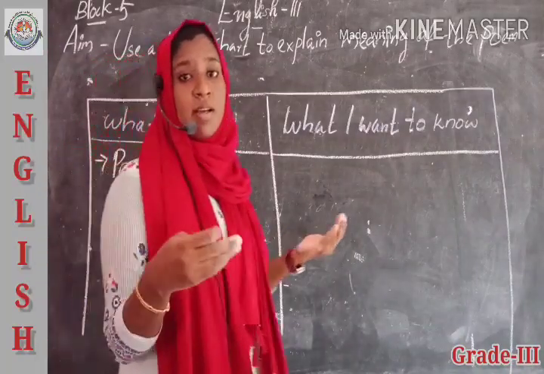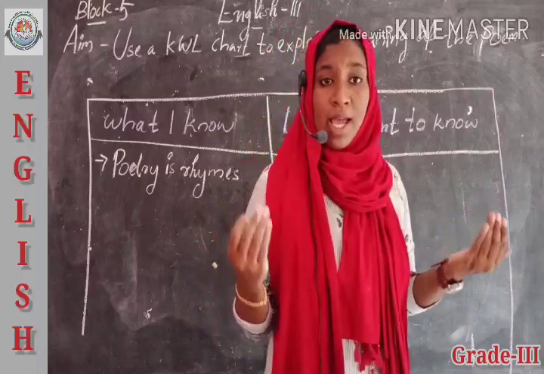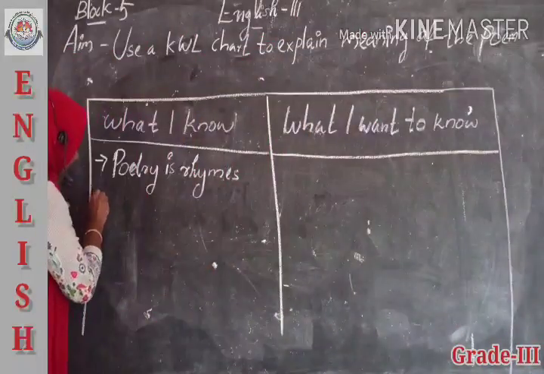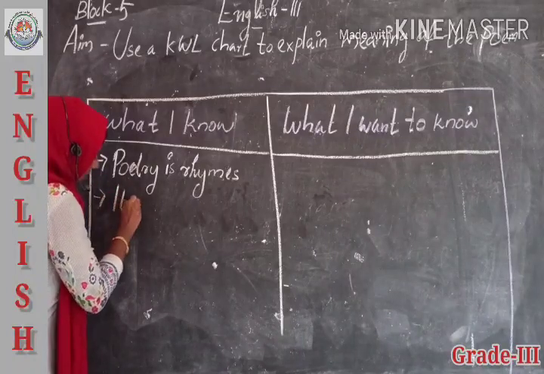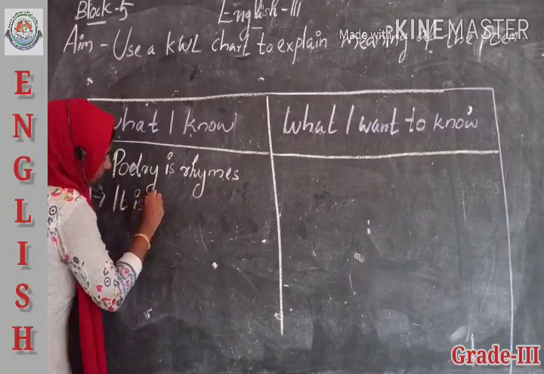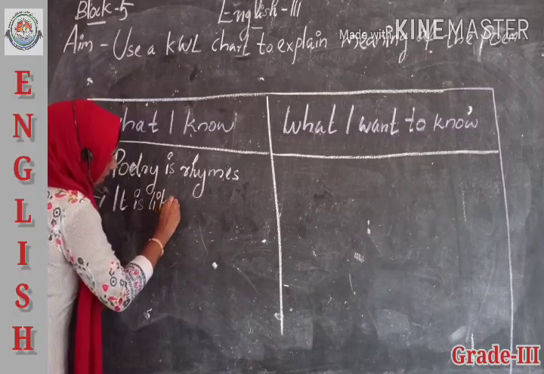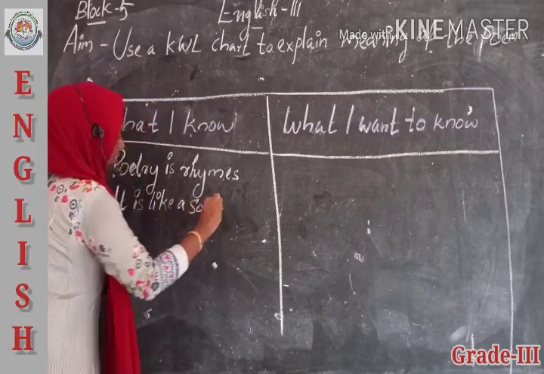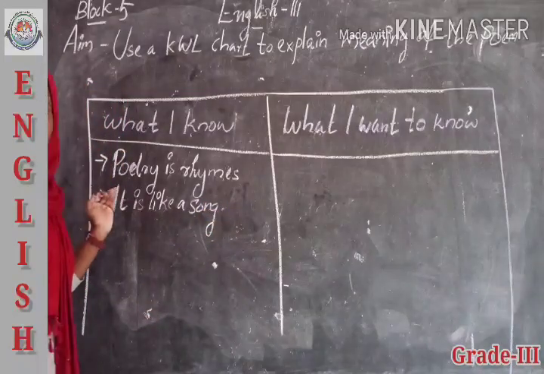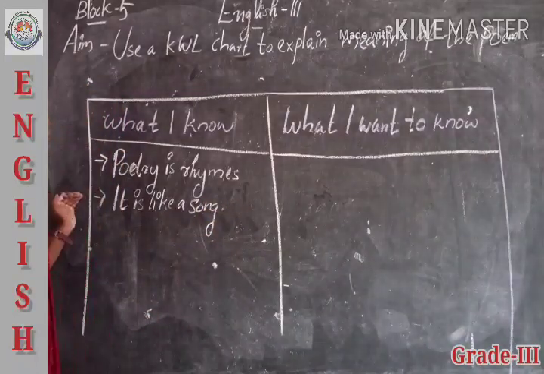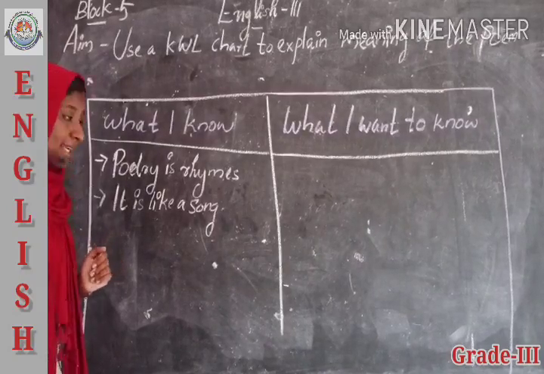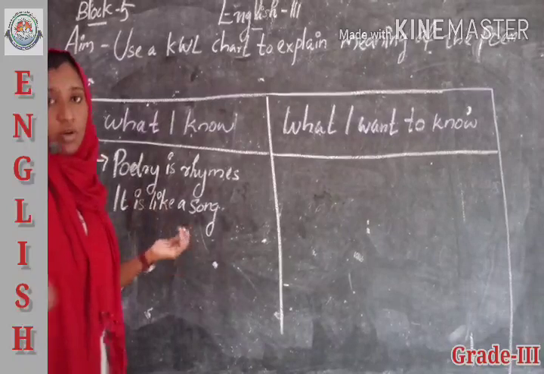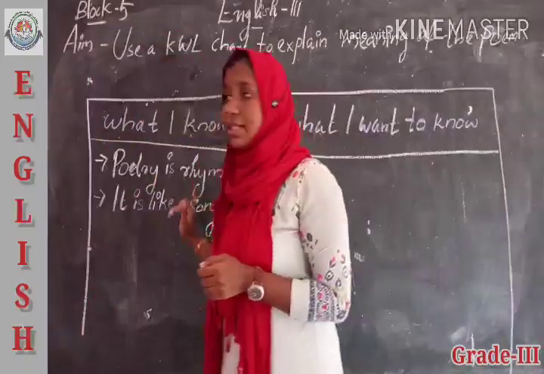And poetry is rhymes and it's like a song. So we can write, it is like a song. So here poetry is rhymes and it is like a song. Is it clear? So these two things we already know. So here we can write these two things.